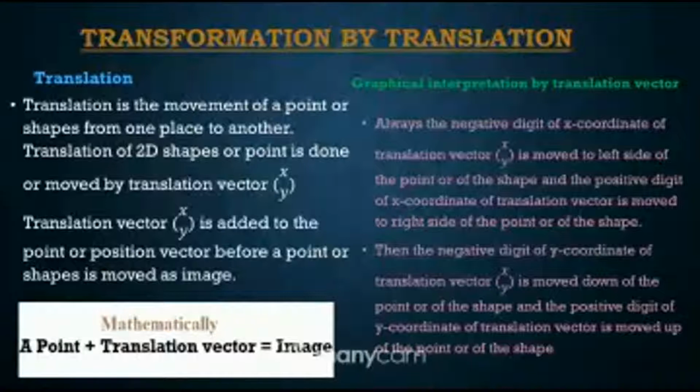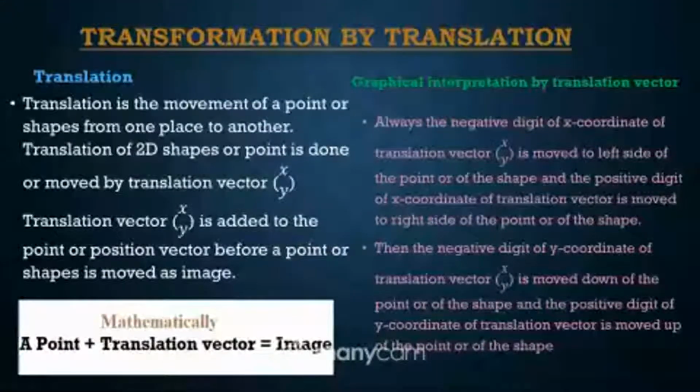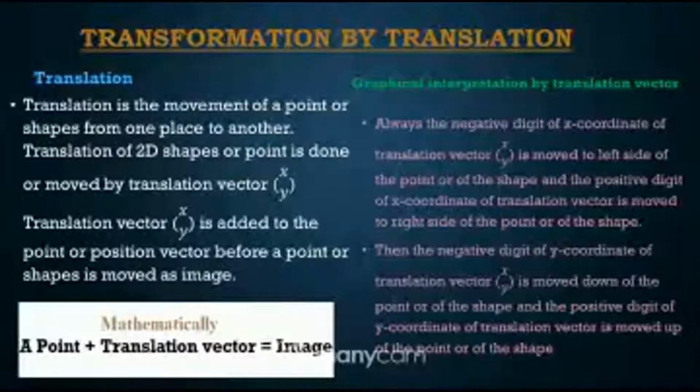The point, with its x and y coordinates, is always expressed in coordinate form, and the translation vector is added to the point.